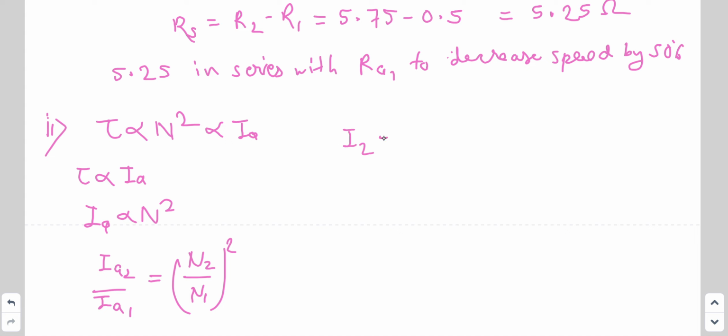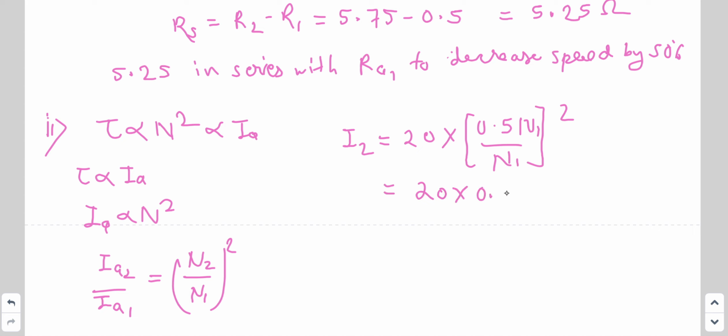So from here we can calculate the Ia2. So Ia2 will be equal to Ia1, which was 20 ampere, into N2, which is 0.5 N1, divided by N1, squared. So it will be 20 into 0.5 to the power 2, which is 0.25.